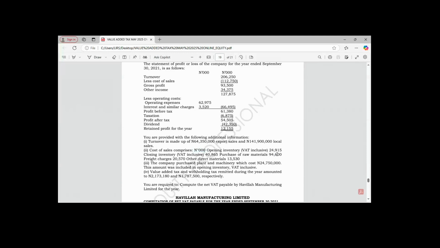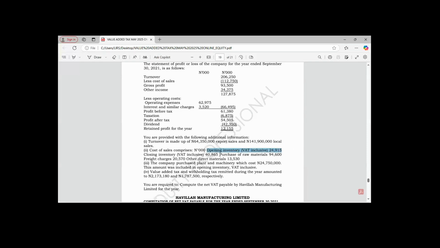So this 94,600 million is the purchases. These purchases given to us, we are not told whether it's inclusive or exclusive. So that means we are going to assume it is VAT exclusive. But the opening inventory was given to us as VAT inclusive, while purchases was given as VAT exclusive.